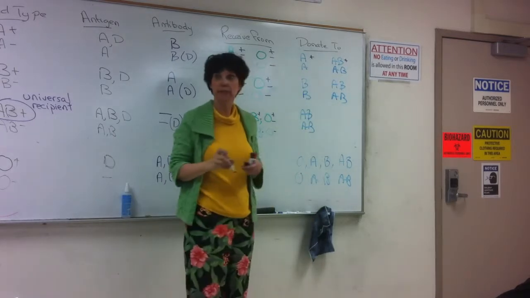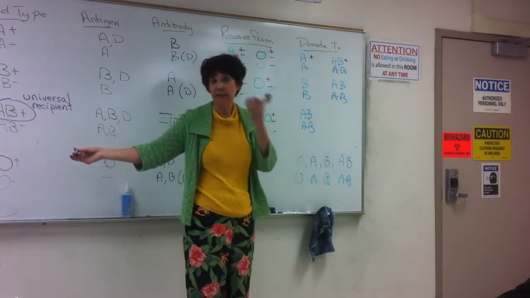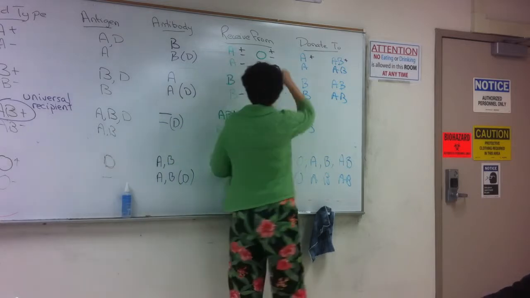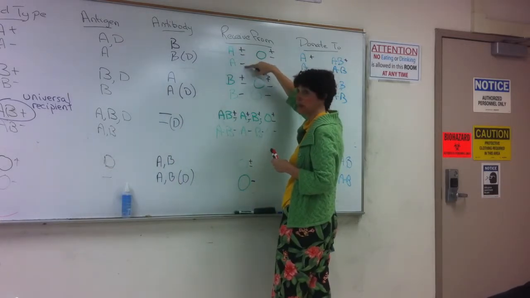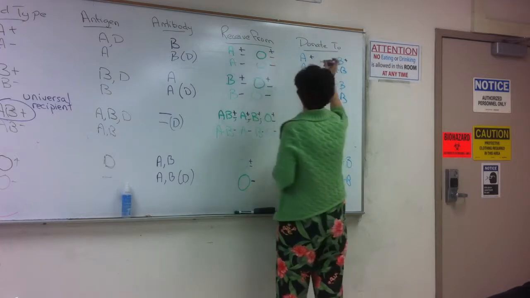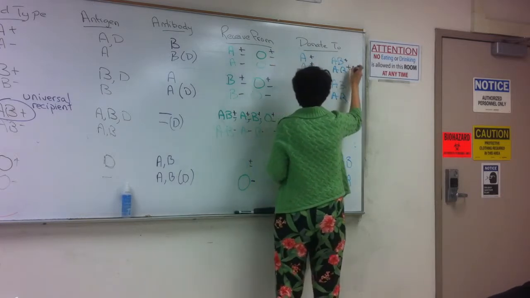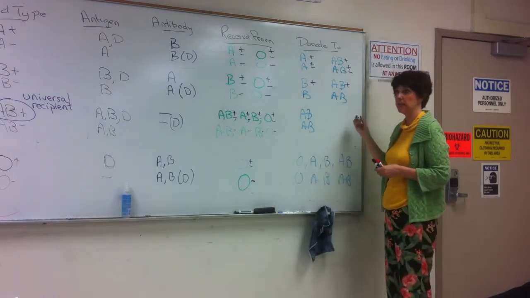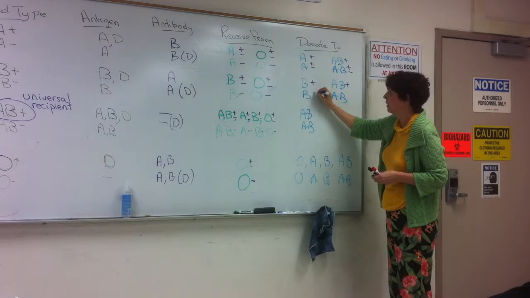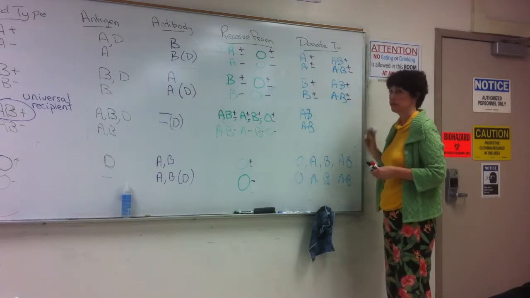But if I'm negative, again, it doesn't matter. So just like A positive can receive positive or negative, notice negative can go to both. B positive can only give to B positive or AB positive, but B negative can give to either.